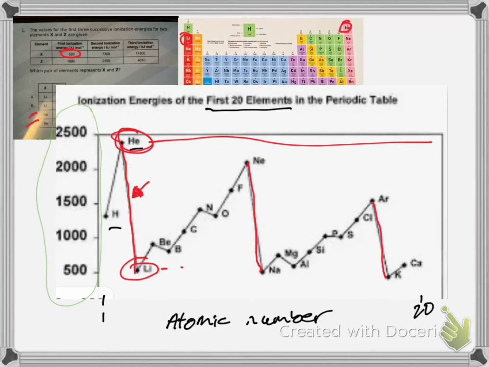To further explain why lithium is very low in this graph, the third electron in lithium is at a higher level than the first two. So for example, we have one electron here and two electrons here.